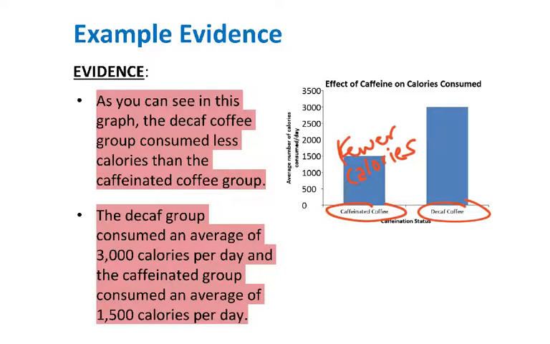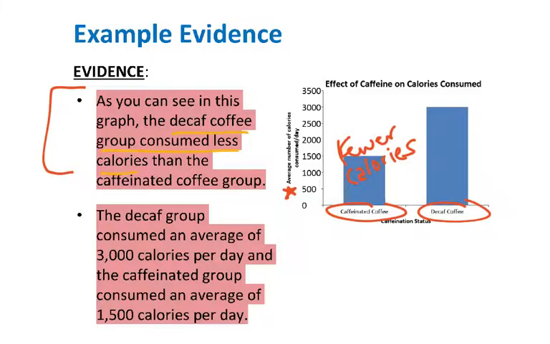And this is the number of calories over here. So when we go to provide evidence, our first piece of evidence might be something like this: as you can see in this graph, the decaf coffee group consumed more calories than the caffeinated coffee group.